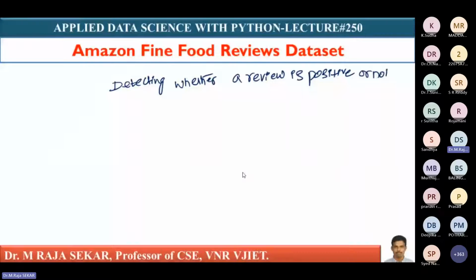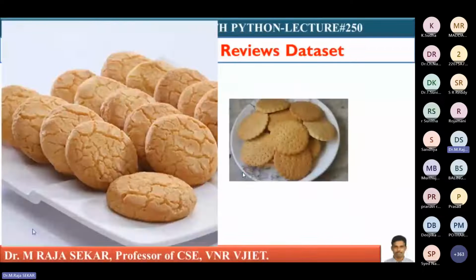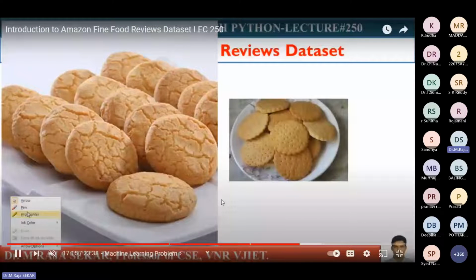Actually, it has real-time application. It is an implemented project which is relevant, applicable, and useful. People are still using it, not only for Amazon Fine Food Reviews. It is an algorithm which is used for many kinds of reviews. Once I train a k nearest neighborhood model, if I get a new review, we cannot process it manually on a daily basis.